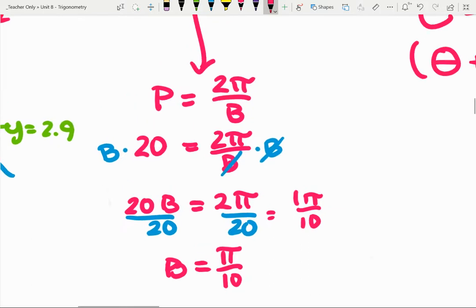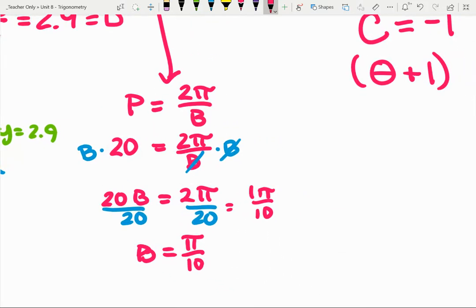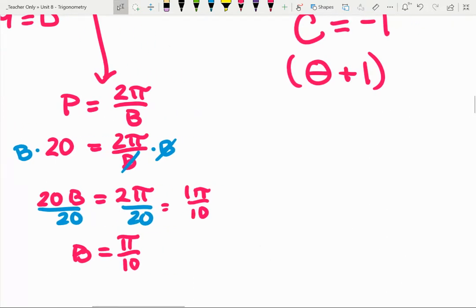Now, when I write my formula, I'm going to leave it in that fraction form. I'm not going to try to do a decimal approximation because we know that pi is an irrational number, and anytime we try to approximate it, we're going to lose some accuracy.